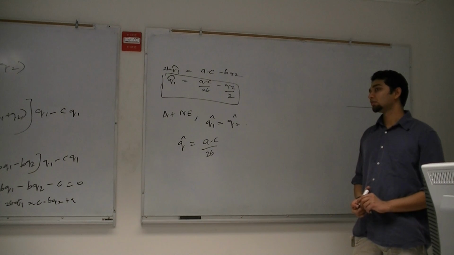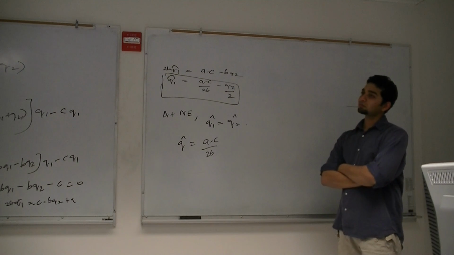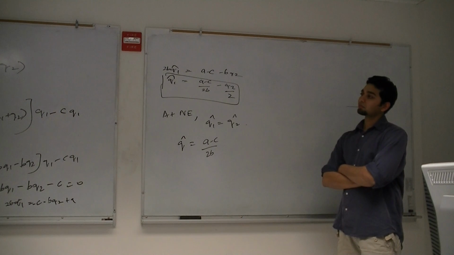Let's say one of the players can charge a little bit more, or has a different constant than the other, then apparently these two won't be the same. So it doesn't matter whether you treat this as the best response of the other guy and therefore say these two are the same.